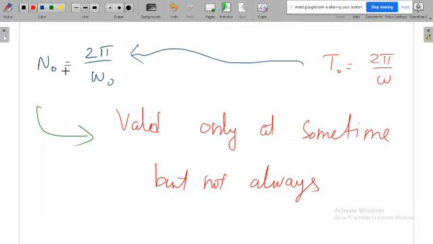Before going into that, this is purely related to the sinusoidal signal. So now we'll see how to find the period for the discrete sinusoidal signal.